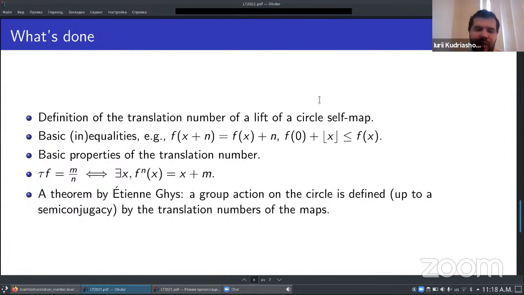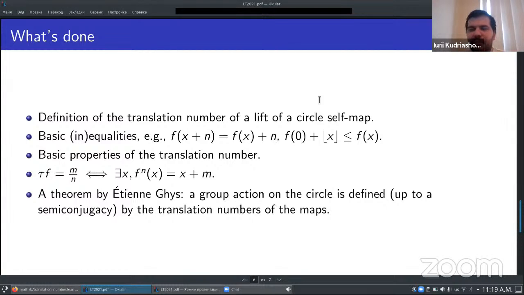Some very basic properties of the translation number, like semi-conjugate maps have the same translation number, or conjugate maps have the same translation number. Or the original sequence f^n of x minus x over n converges to the translation number for any x. Or the translation number of the pure translation x maps to x plus a is a.